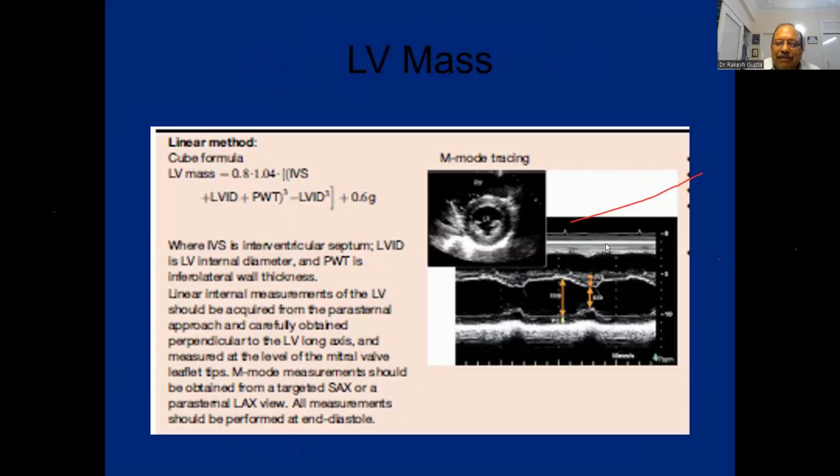So if this is an LV mass calculation, sir, we start from the first edge of this interventricular septum. But sir, here the arrow is showing from the trailing edge to leading edge. This is wrong. We're showing something different.